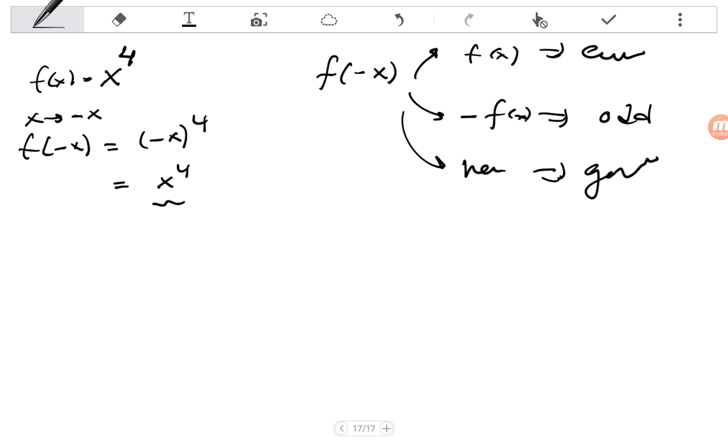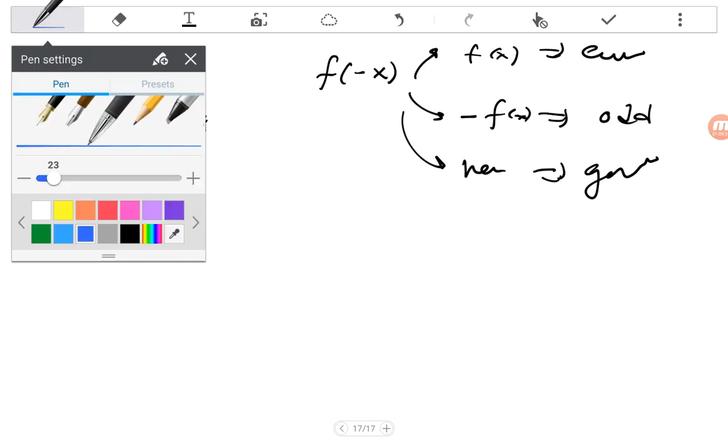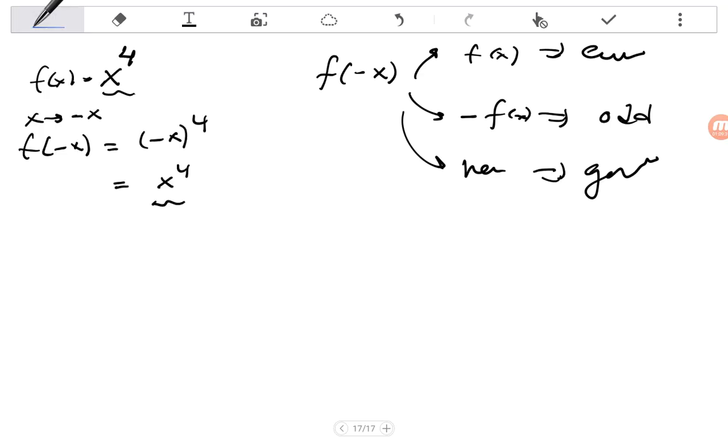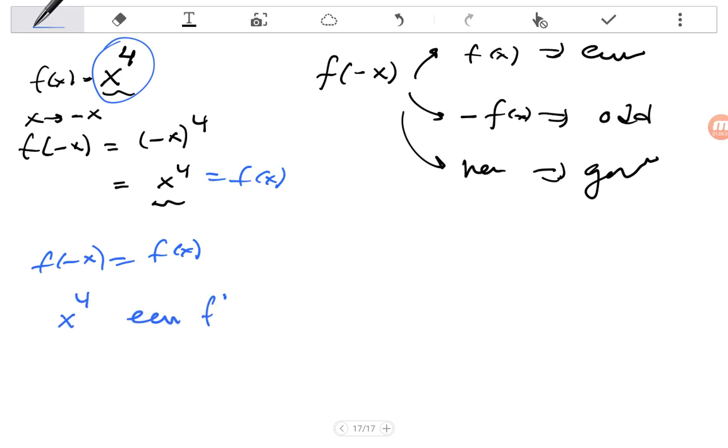So what is x power 4 related to the original function? Is it f of x itself, or minus f of x, or neither? It is exactly f of x. So in that case, f of minus x was just f of x, and we say that x power 4 is an even function.